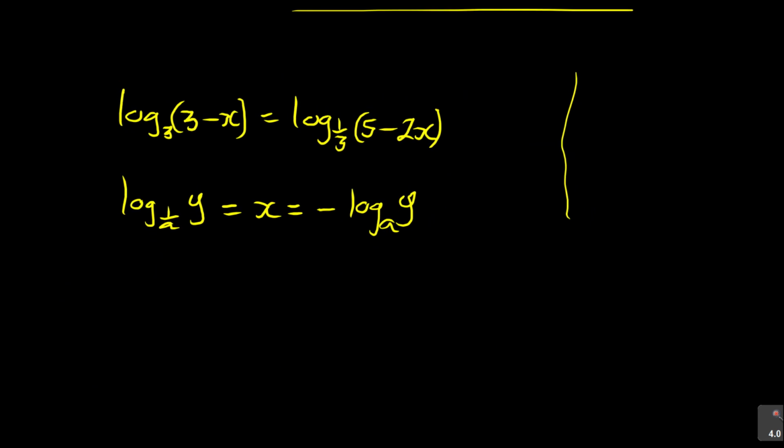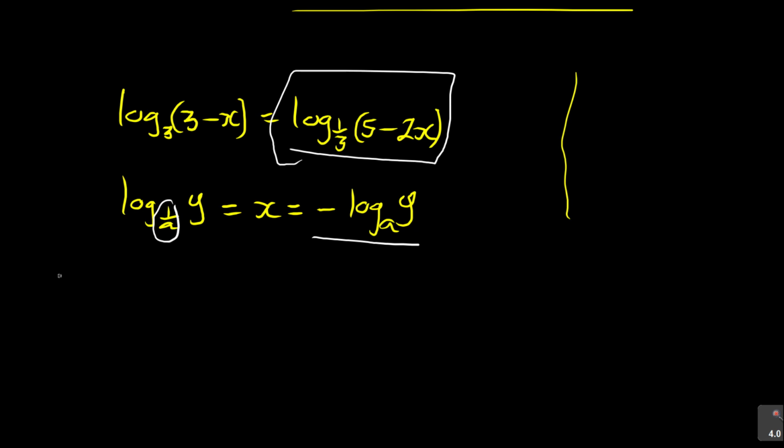Which says if I'm given a fraction base of a log, look at this one, the fraction will become that. Which means if I want to take this further, log base 1 over 3 of (5 minus 2x), see this one, it will be equal to, just like I had here, my 1 over a is the 1 over 3, my y is that.